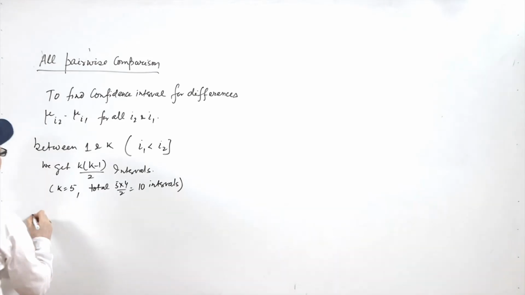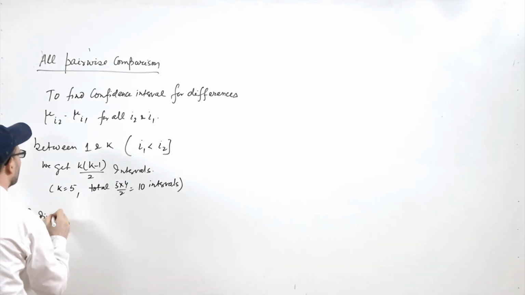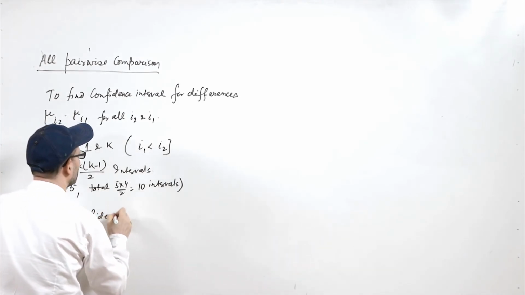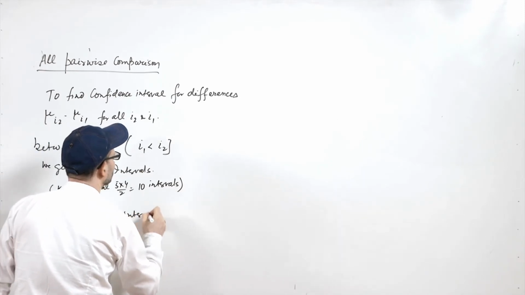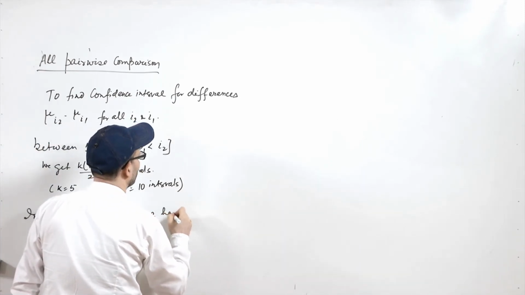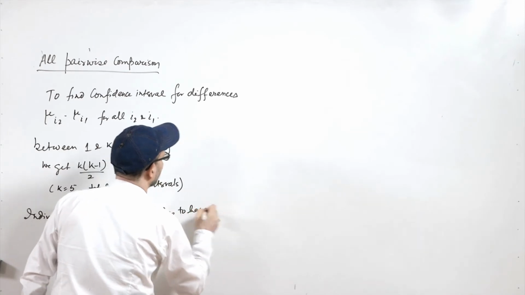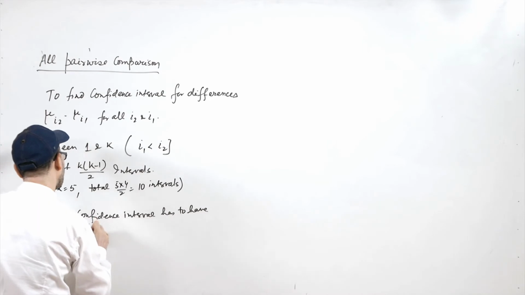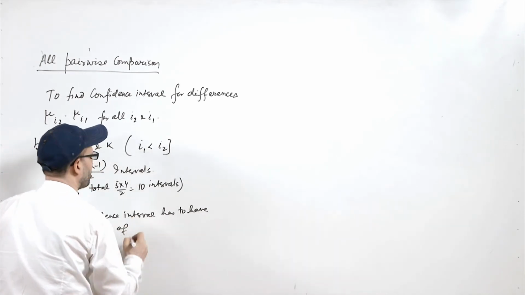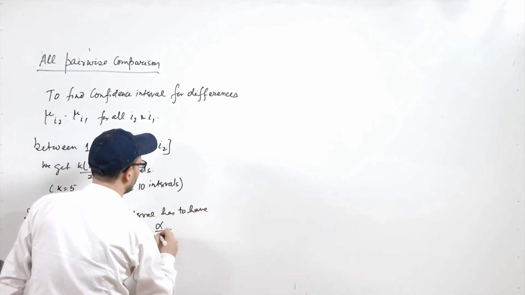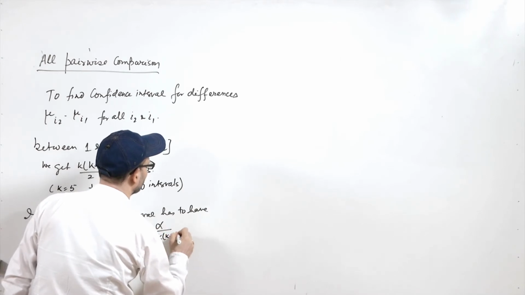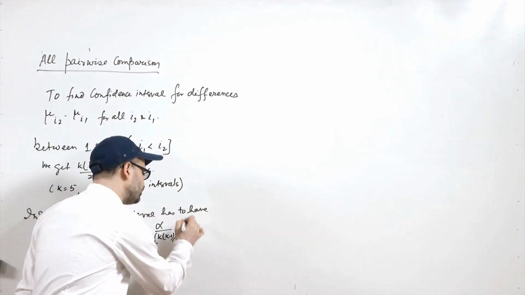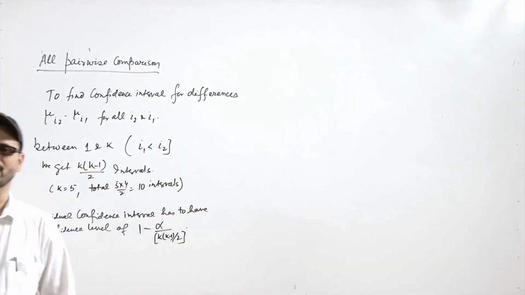So, each individual confidence interval has to have a confidence level of 1 minus alpha by k into k minus 1 by 2. This will be the confidence level of the individual interval.